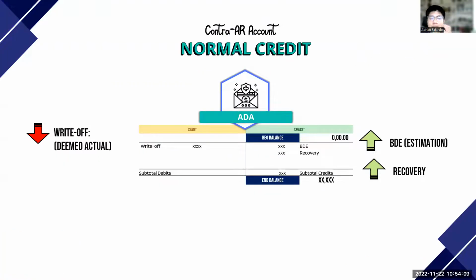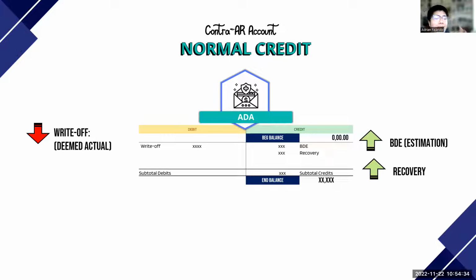So in summary, when we're looking at our allowance for doubtful accounts, these are the most important things to remember. Number one, your ADA is a contra account receivable account. So if people ask you, what is the net AR? It's always gonna be accounts receivable minus ADA is equal to your net AR.